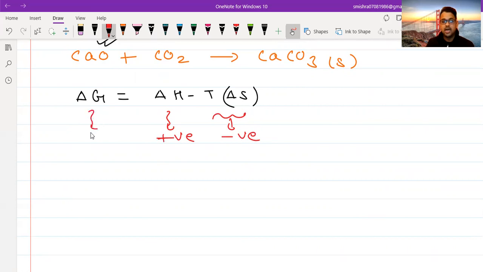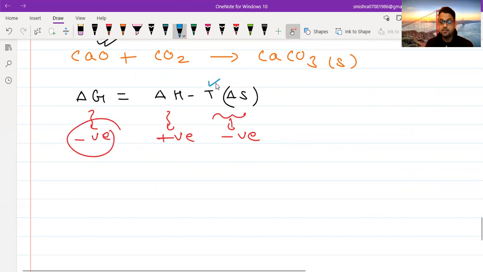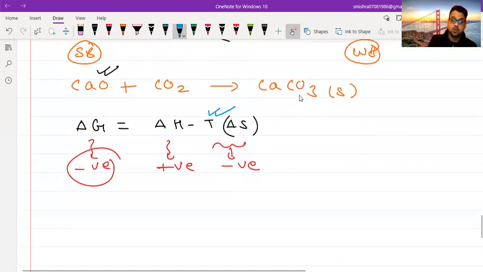And a reaction can only happen when delta G is negative. So we would want this negative term to have a large weightage. So that is why we keep the temperature high. Okay, that is why we keep the temperature high. So heating is required. Okay, heating is required for this reaction for the second step to happen.